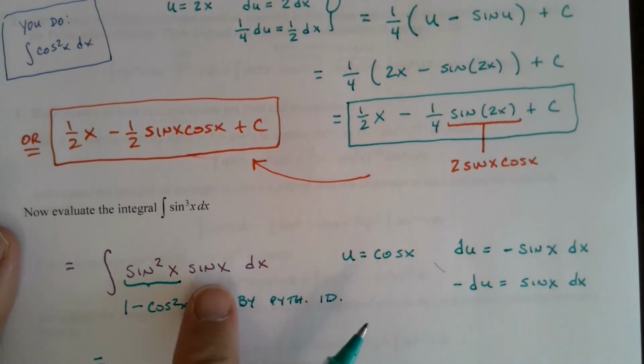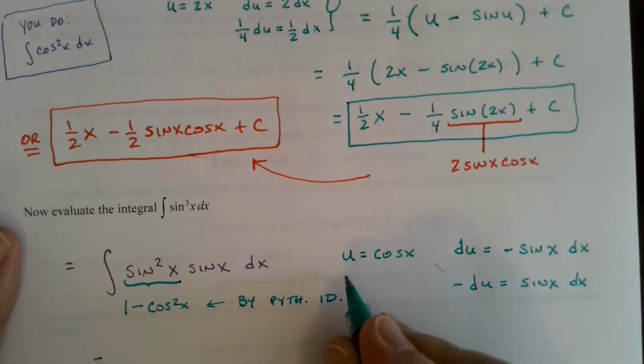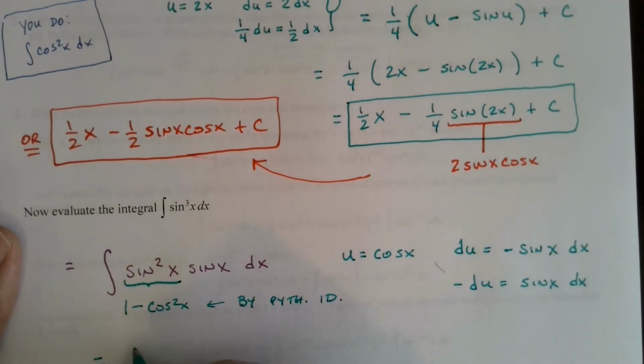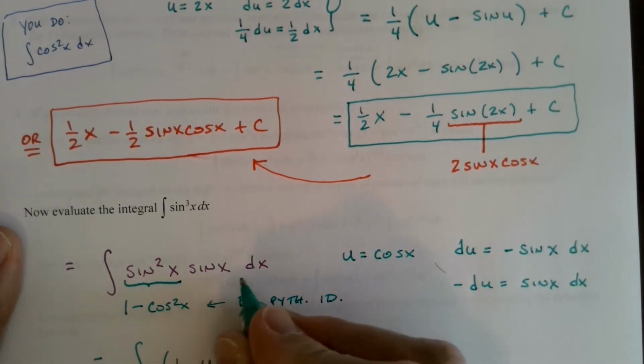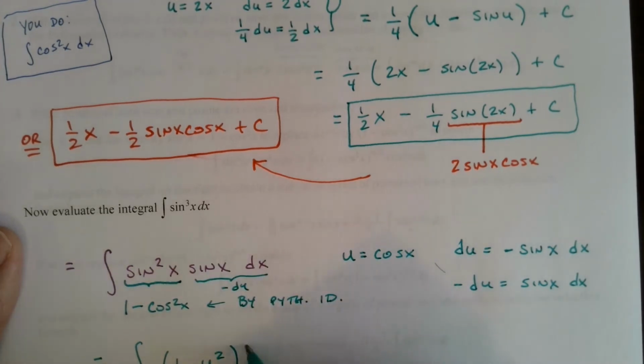And so sine of x dx is negative du. And 1 minus cosine squared x is what? 1 minus u squared. So this becomes 1 minus u squared. And the sine x dx, right, this becomes our negative du.